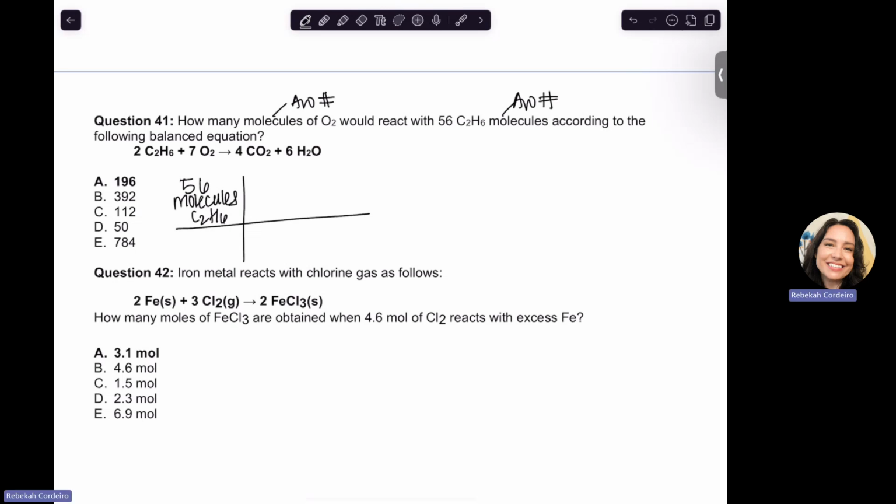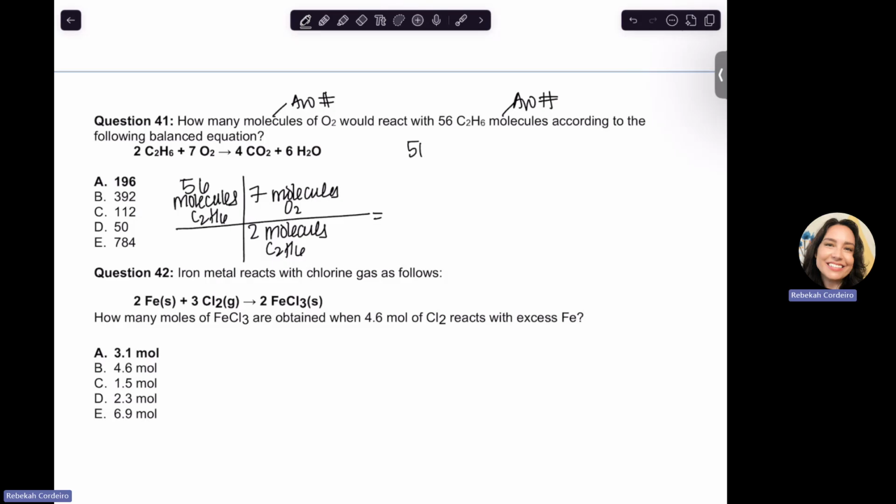If you notice that one you're multiplying and one you're dividing, you could skip it and go straight to a mole ratio. So we could say 2 molecules of C2H6 is equal to 7 molecules of oxygen. Remember that we can use that mole ratio like a molecule or atom ratio as well.